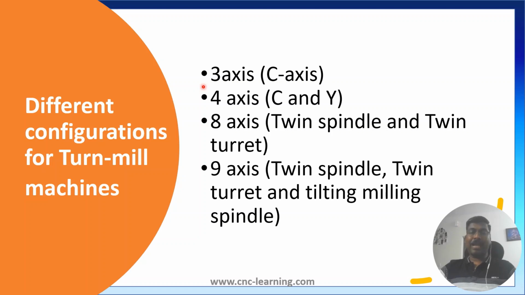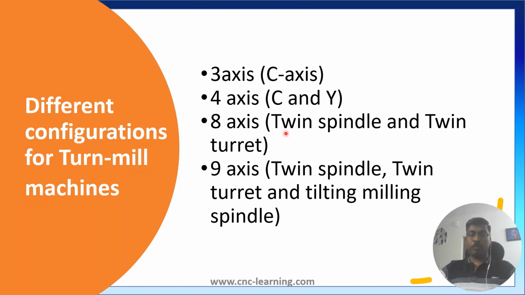A machine with 3 axes, that is, we have already seen a turning center will have 2 axes, X and Z. In addition to that, if there is a control movement for the spindle, then it is called C axis. And turn mill center with 4 axes, along with X, Z and C, there will be one more Y axis, and then 8 axes and 9 axes.